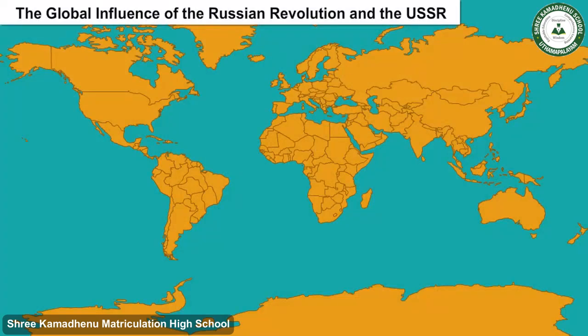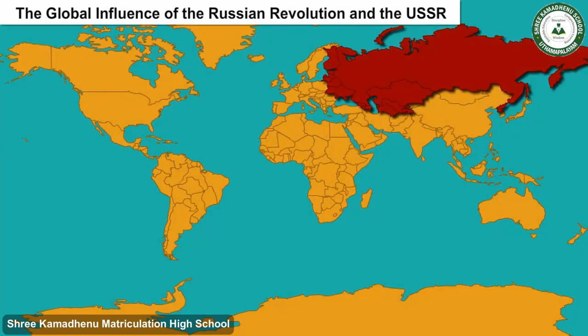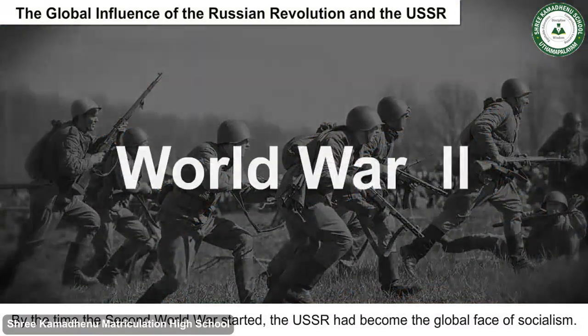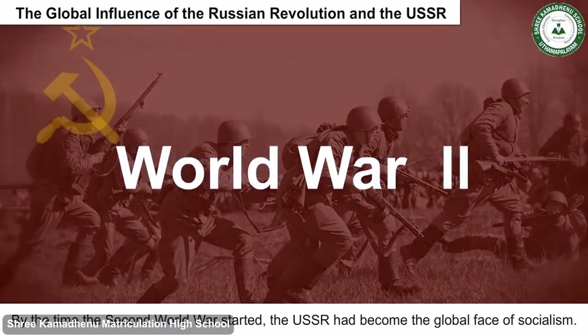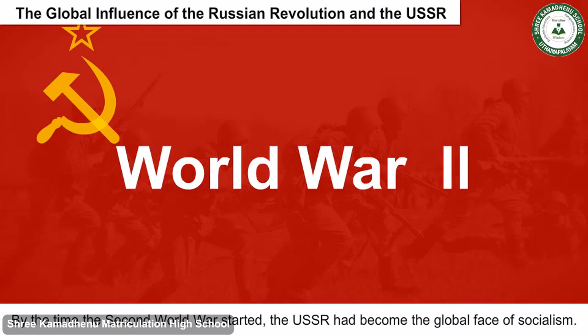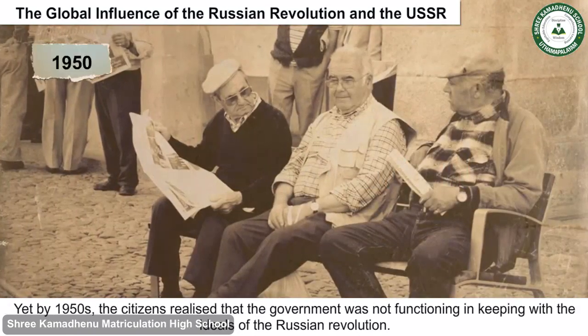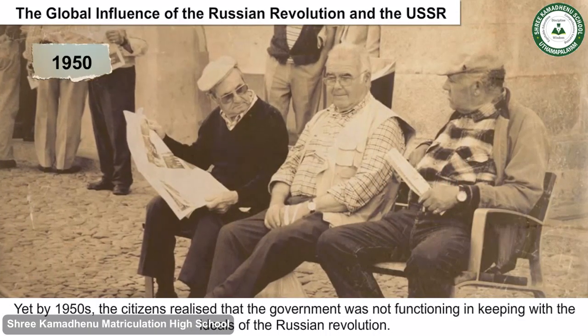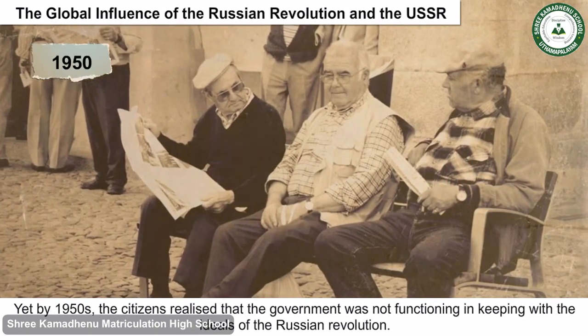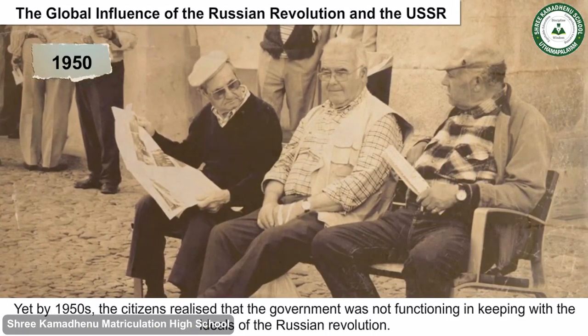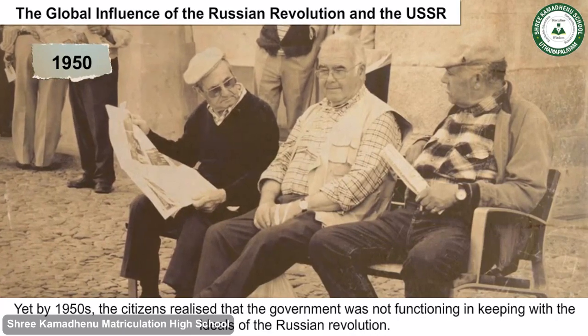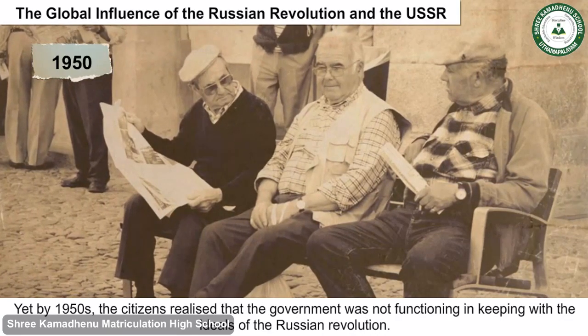The global influence of the Russian Revolution and the USSR. By the time the Second World War started, the USSR had become the global face of socialism. Yet, by the 1950s, the Russians realized that the government was not functioning in keeping with the ideals of the Russian Revolution.